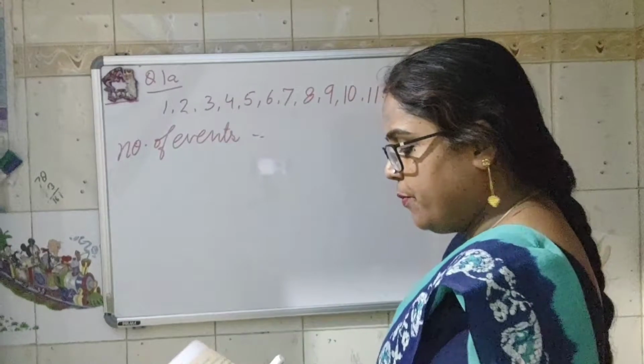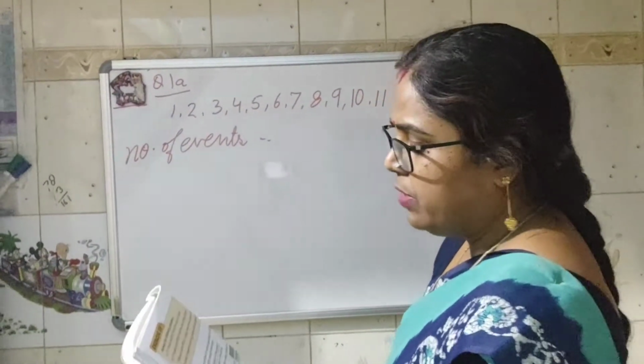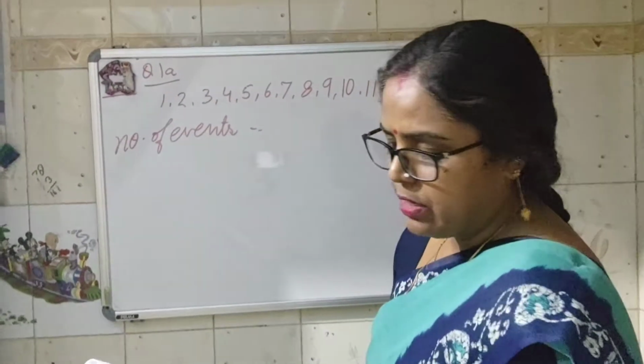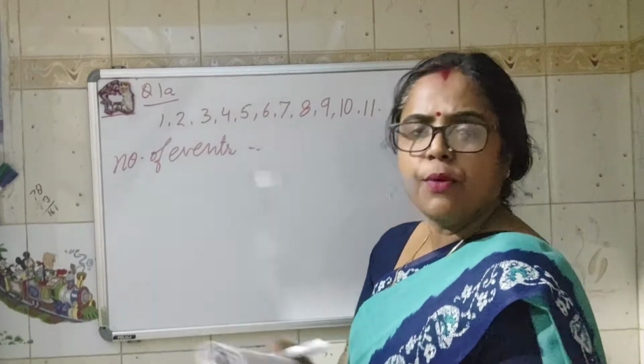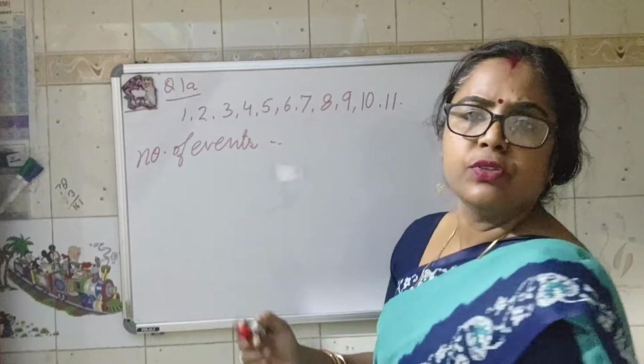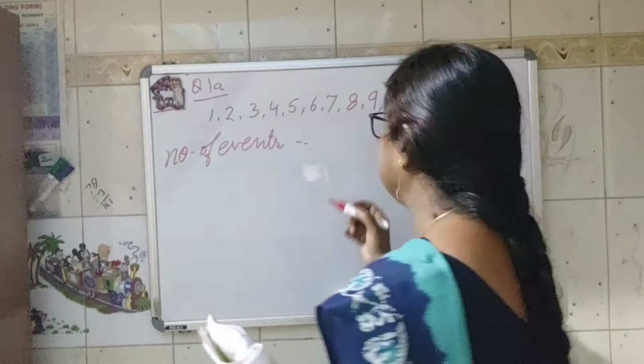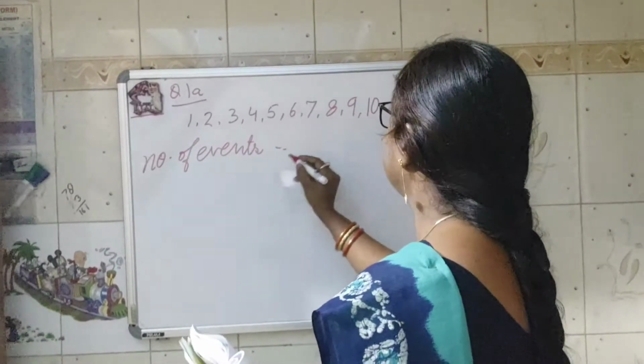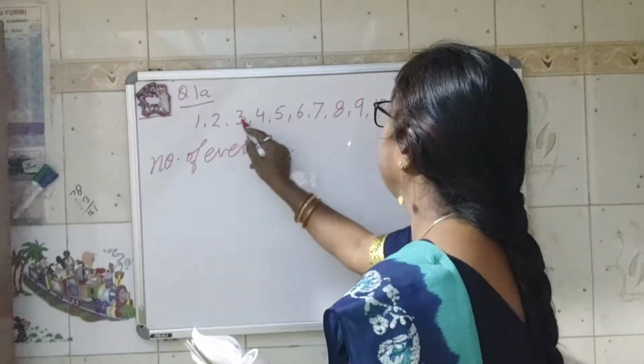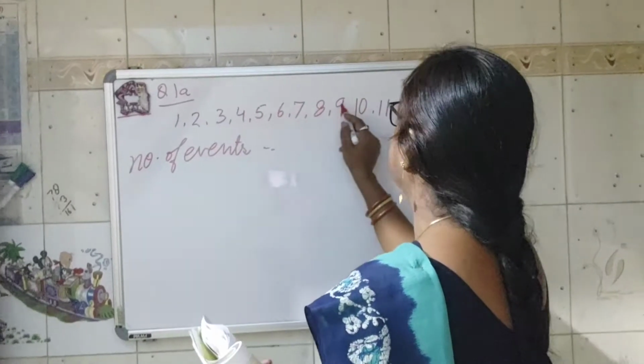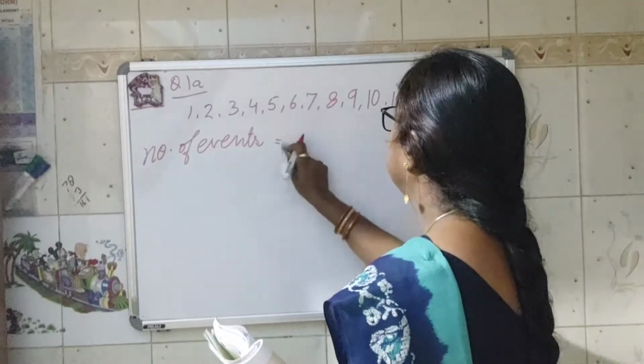In the book, the formula is given: sum of the values in a group divided by the total number of values in a group. You can use this formula also, it's up to you. Both are the same thing. Number of events is equal to 1, 2, 3, 4, 5, 6, 7, 8, 9, 10, 11. So it is 11.